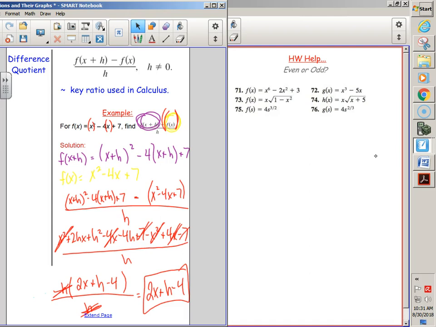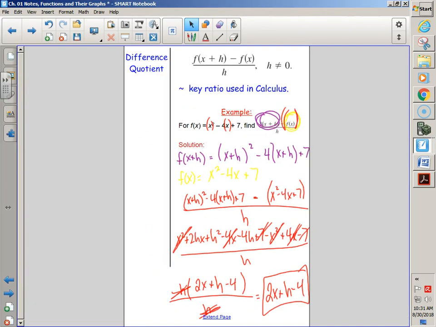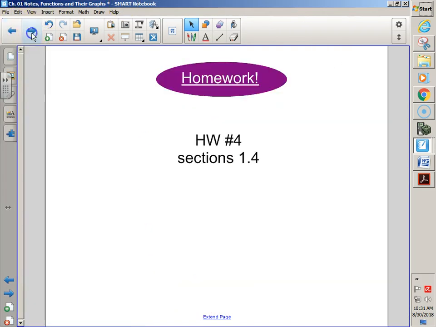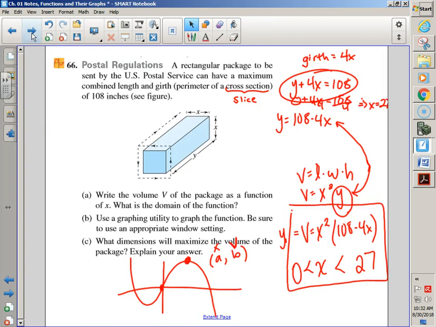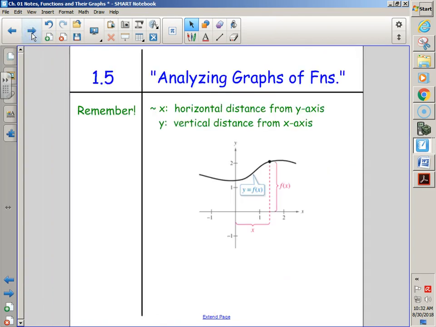Difference quotient, it's hard. I understand that. If the example from yesterday, watching me in the video last night, trying it on your own wasn't enough, come by. I'll give you a little baby whiteboard and we'll do some practice. I get that the difference quotient's hard. I'm sorry. It is. But it's not impossible. Some of you might just need a little more practice.